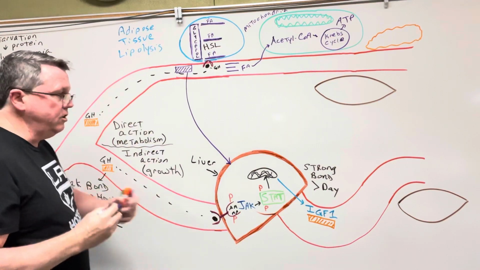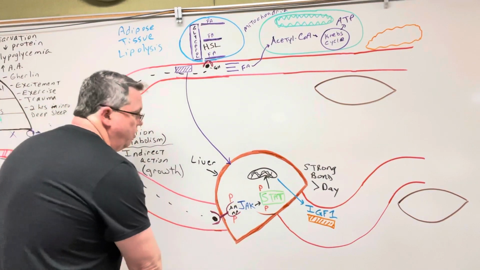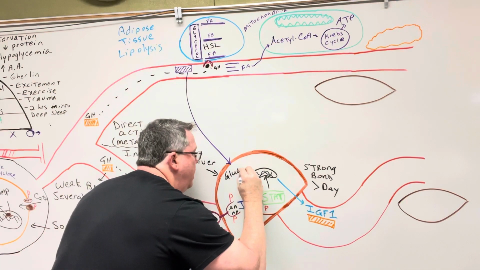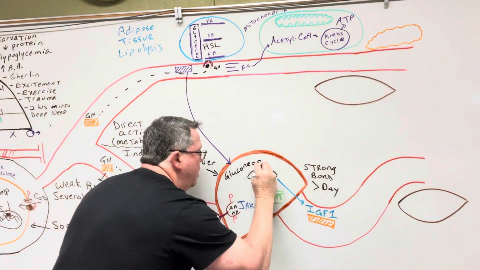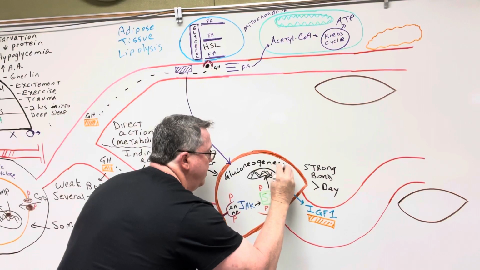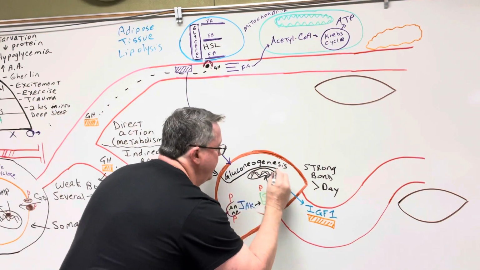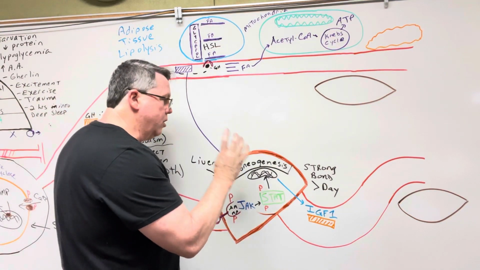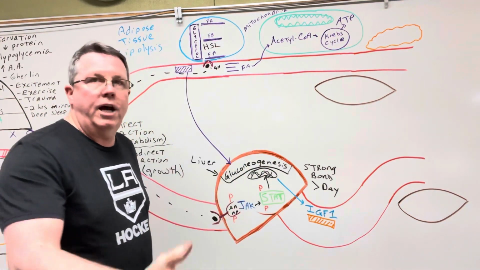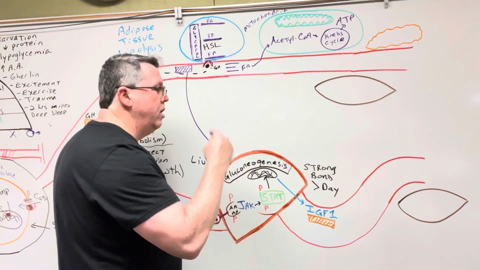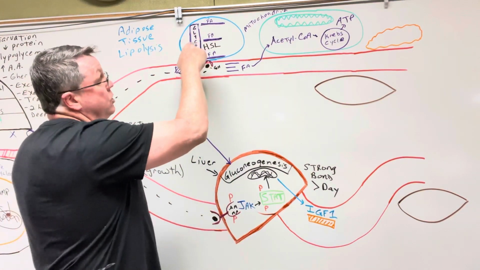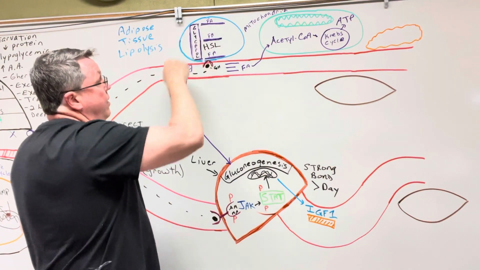Now, besides doing this, the liver can also do something that's called gluconeogenesis. Gluconeogenesis is the making of glucose from non-carbohydrate sources. In this case, it's going to be glycerol, part of this triglyceride.